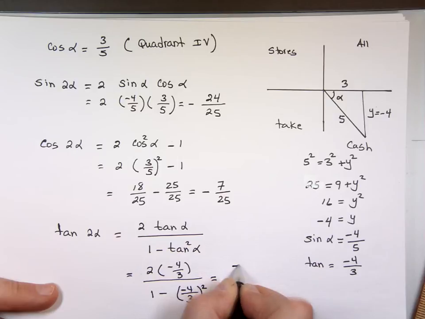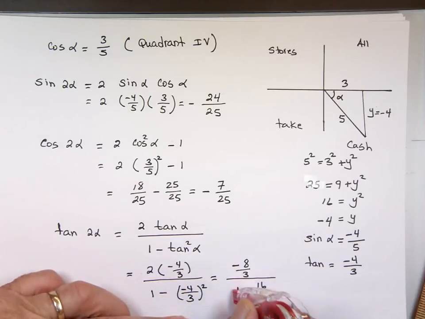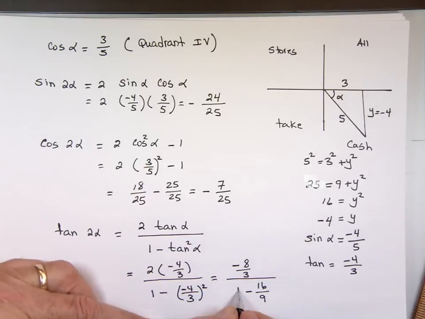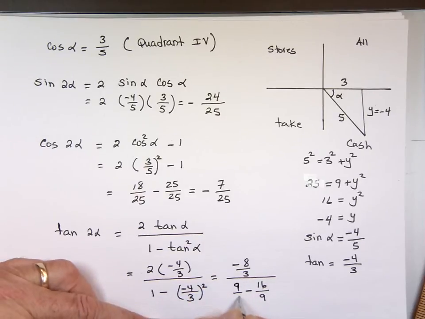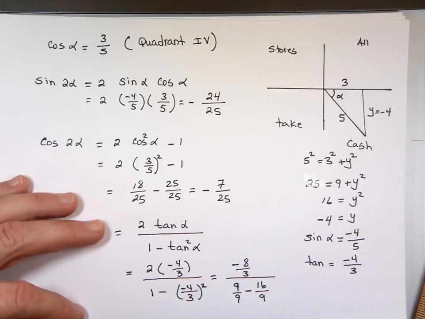Negative 8 over 3 divided by 1 minus what? 16 over 9. And you can write the 1 as what? 9 over 9? So I will take the 1 now and turn it to 9 over 9. That's what a 1 is. So do the math.